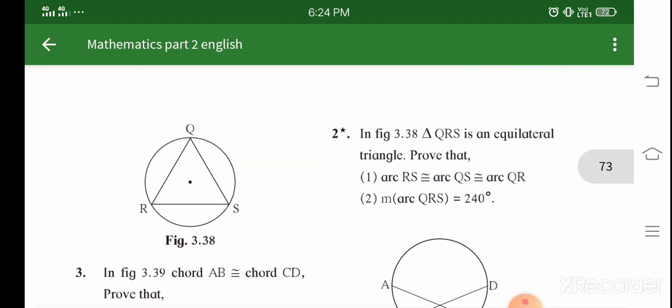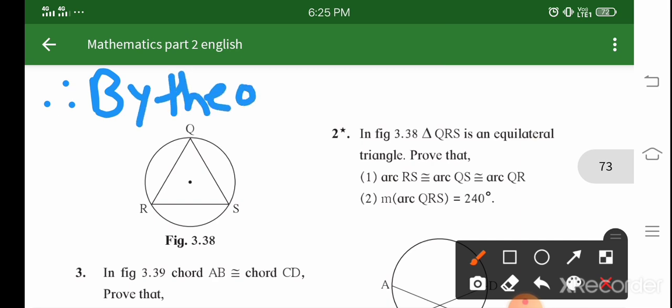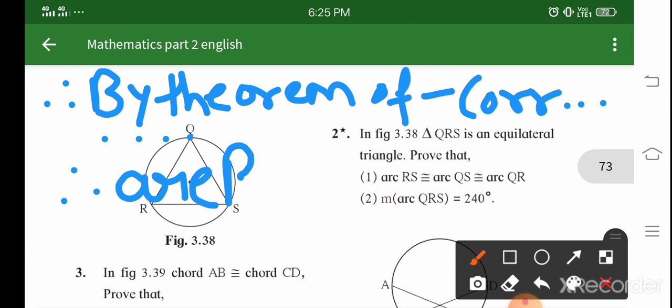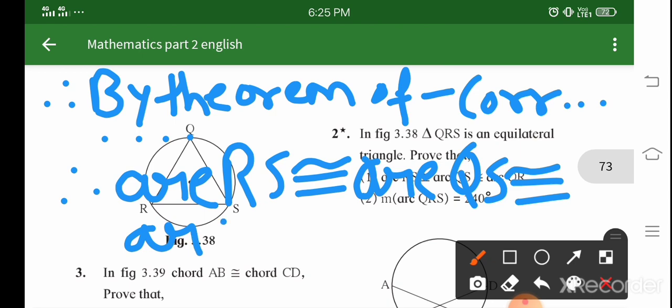By theorem of corresponding arcs of congruent chords of a circle are congruent, you can write arc RS is congruent to arc QS is congruent to arc QR.